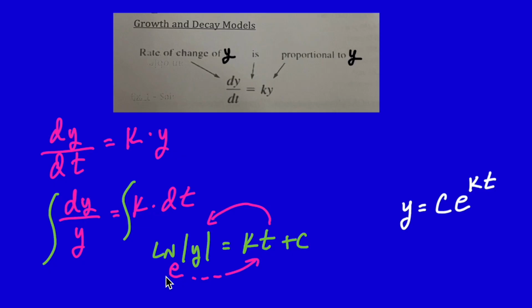So we're going to have now the absolute value of y, which is the argument in the whirly-bird maneuver, equal to e to the kt plus c in the exponent. And be careful when you write that kt plus c that it all goes in the exponent. Don't let the plus c sneak down here.